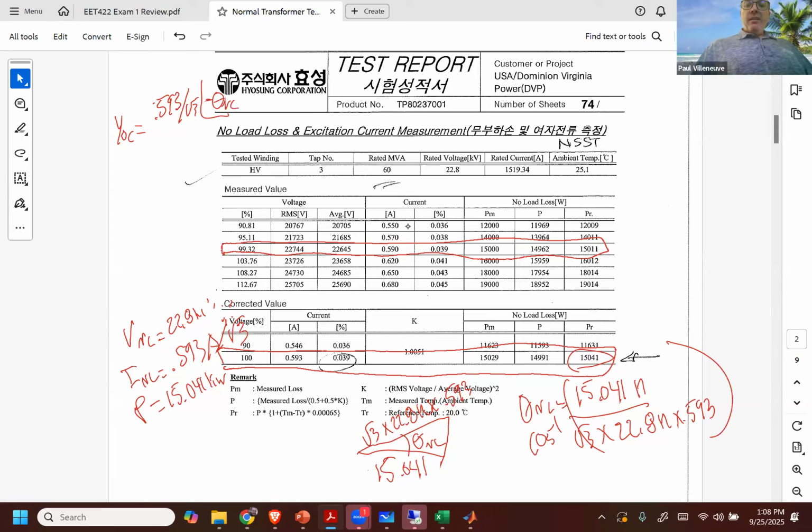By the way, this is a positive number over here, right? Why did I put a negative number here? When I do the inverse cosine of 15.04 divided by that S value, I'm going to get a positive number. Why did I make it a negative number?